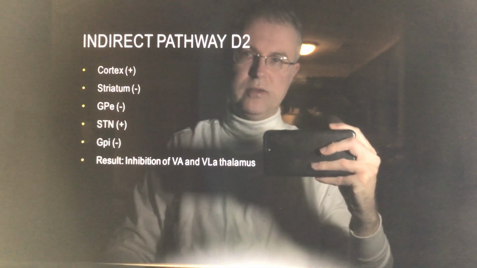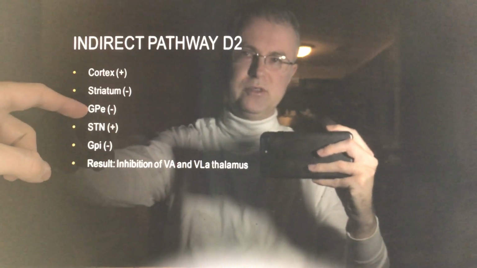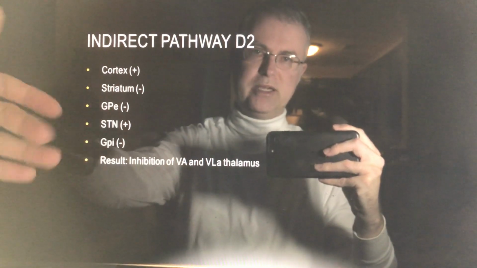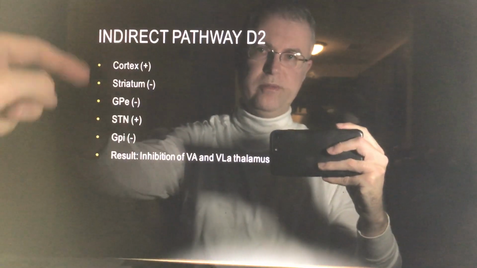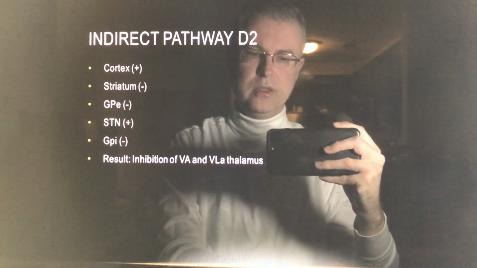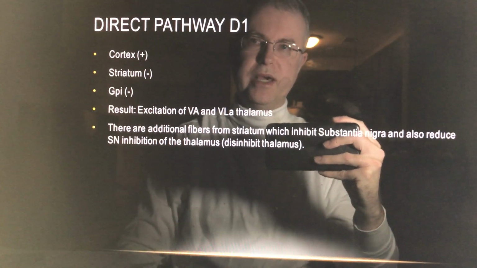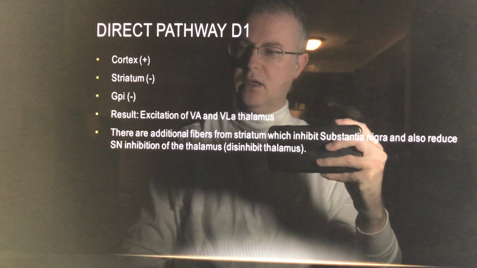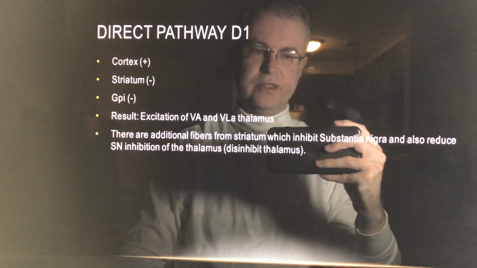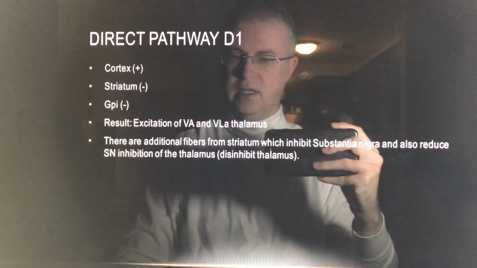It's as if you were multiplying numbers together. If you have -1 times -1 times -1, you'll end up with 3 negatives. It's still a negative. So overall, the 3 negatives give you an inhibitory pathway. If we compare that to the direct pathway, which is much easier, you basically have 2 negatives make a positive, and that is excitatory.